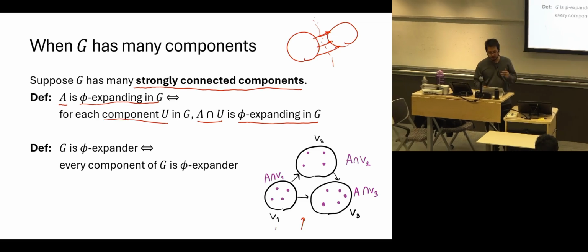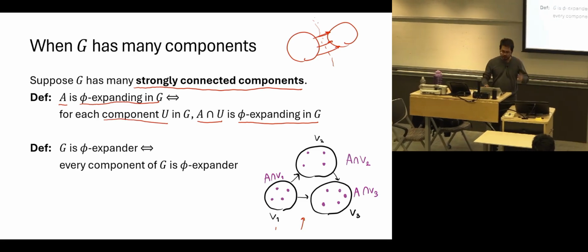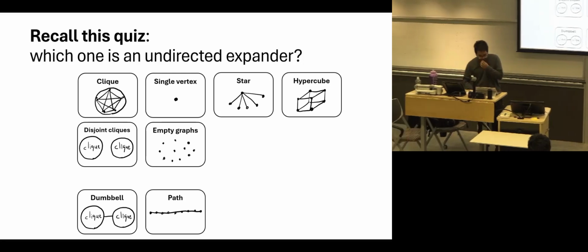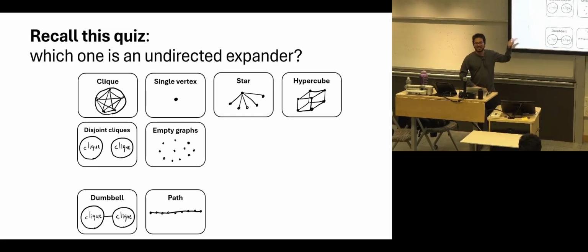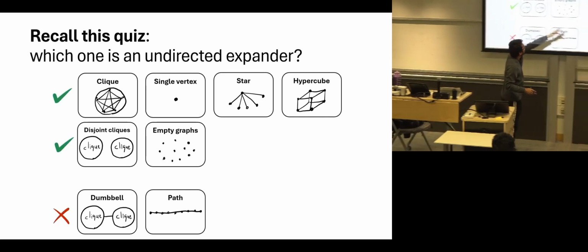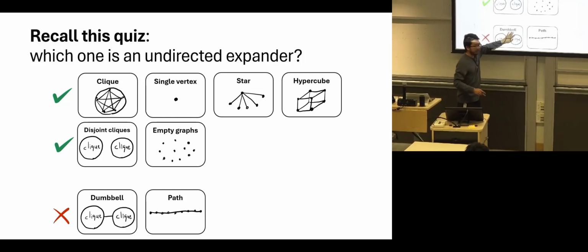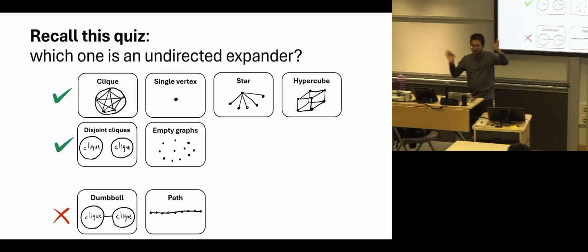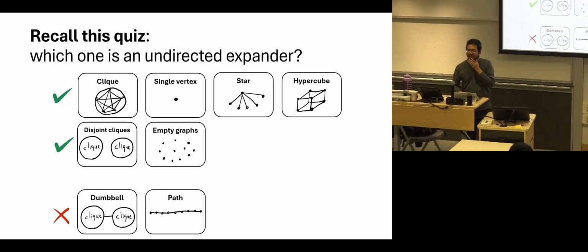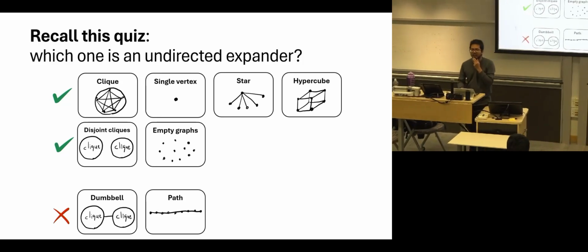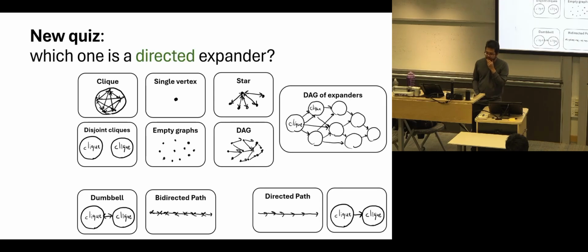Okay, so now let's see an example. You might recall this quiz that we talked about in the undirected setting, where we saw that this part is an expander, this is an expander too, and this is not. So let's do something similar today, and tell me which one is an expander.